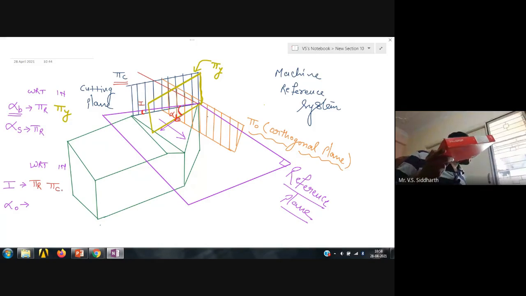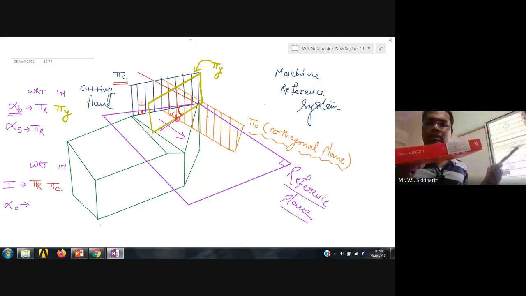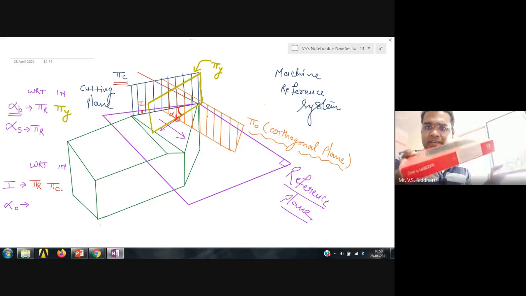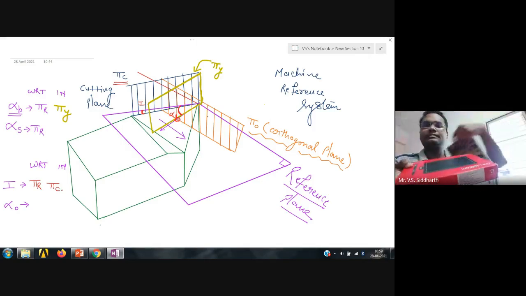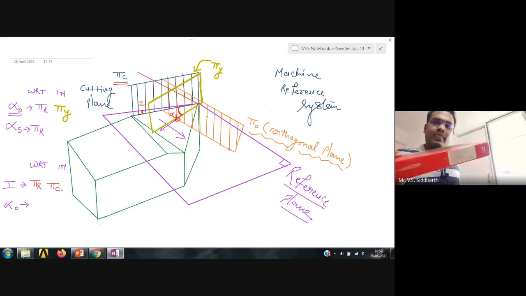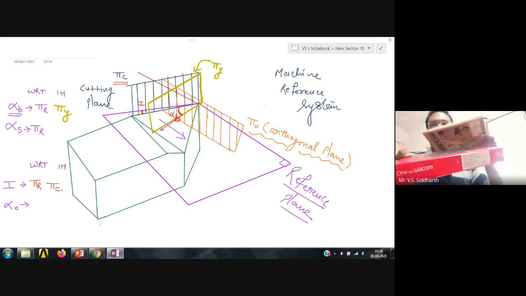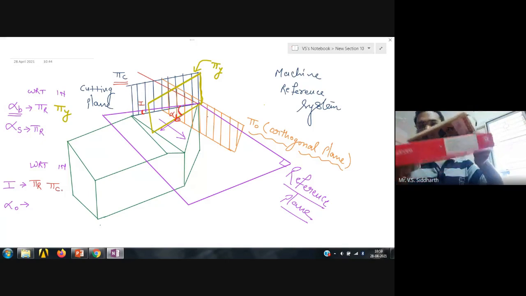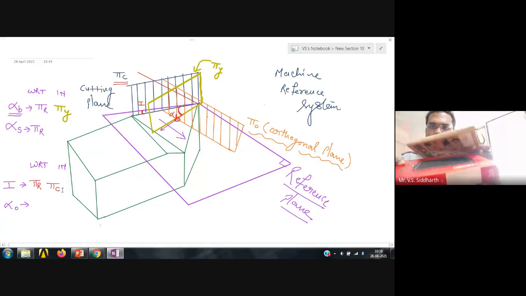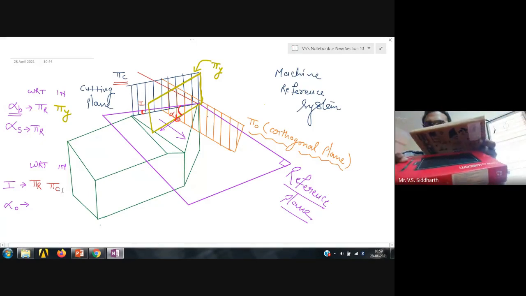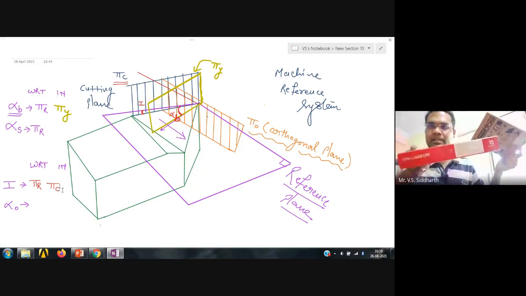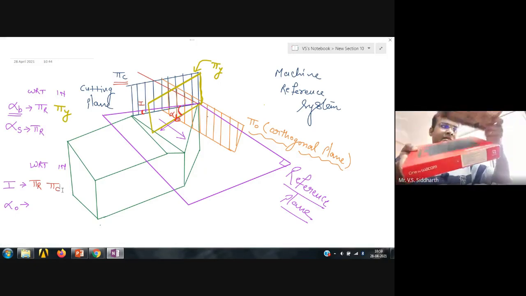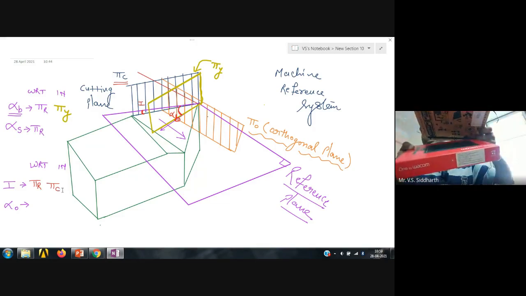Now this is your rake face, with its backward and sideward inclination, and this is how the reference plane is kept.